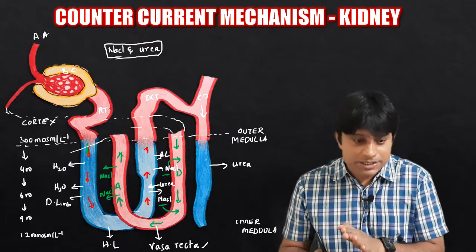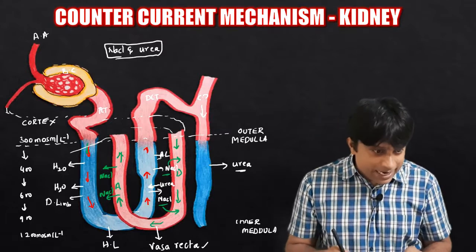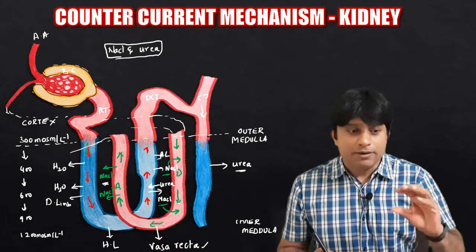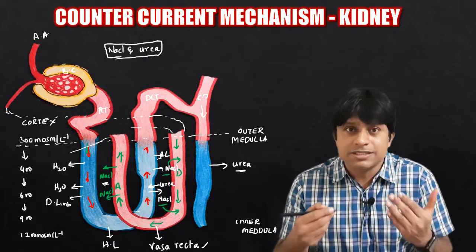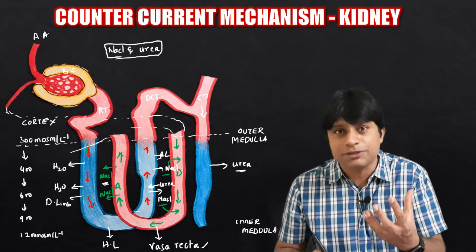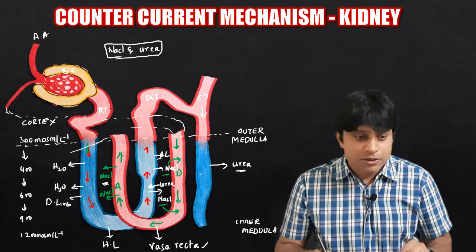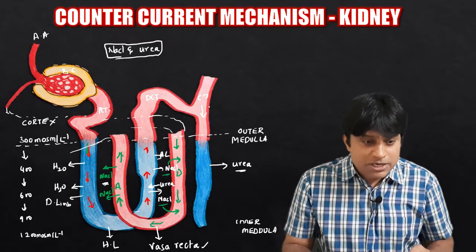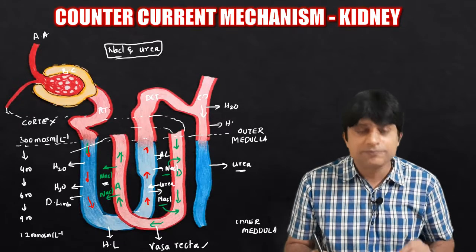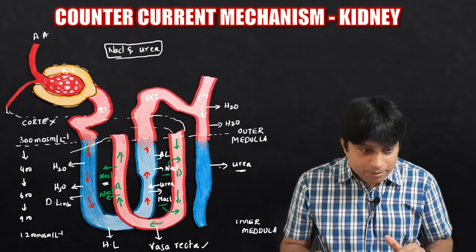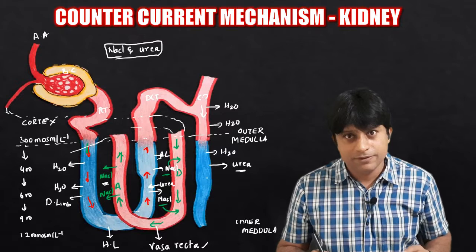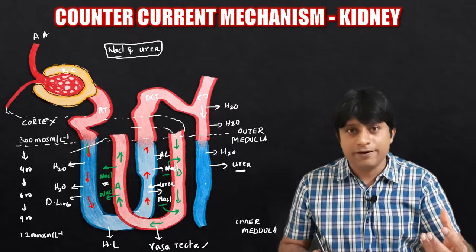Because of this urea as well as the sodium chloride inside the medullary interstitium, the osmolarity will increase. This is called hyperosmolarity of the medullary interstitium. As a result, from the collecting tubules, reabsorption of water occurs. So finally, because of this reabsorption of water from the collecting tubules and duct, the urine gets concentrated.